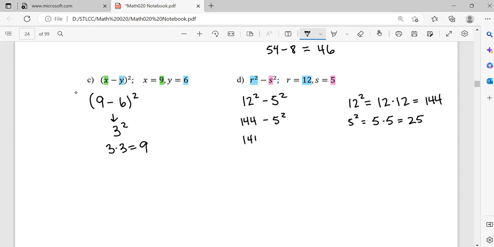So I have 144 minus 25. Subtracting, 144 minus 25 will give you 119. Okay, so r squared minus s squared evaluated for r equals 12 and s equals 5 will give you 119 as the result.